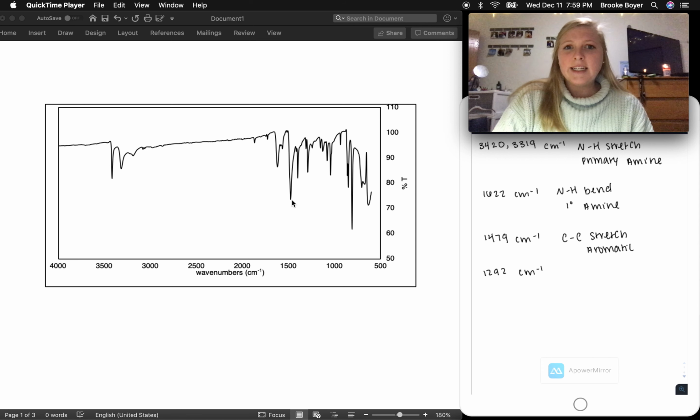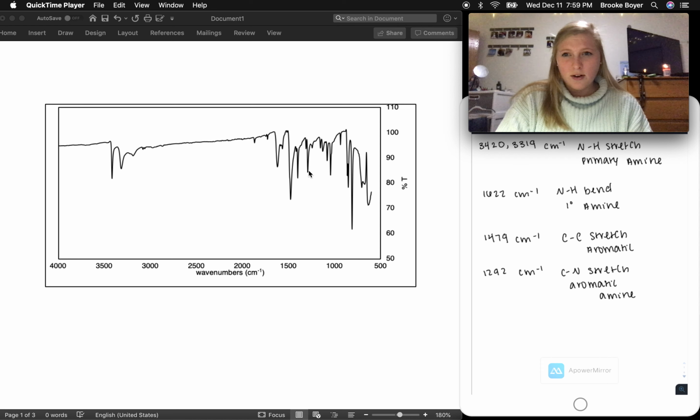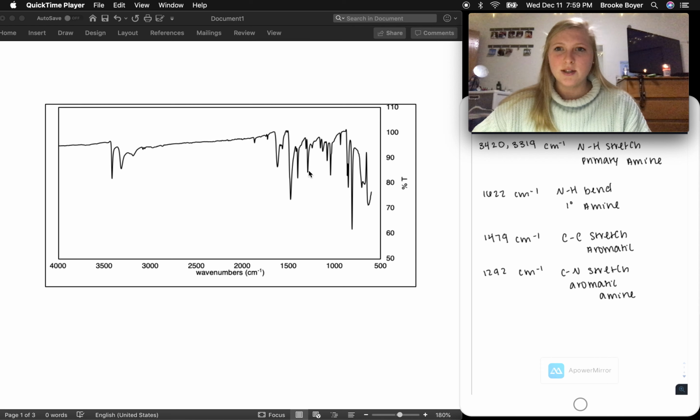At 1292, right about here, there's a CN stretch, which is an aromatic amine. I specifically looked this up to see if this peak was going to be present, because knowing that we have a primary amine, I wanted to know if it was going to be on the aromatic, so that is why I looked that up.